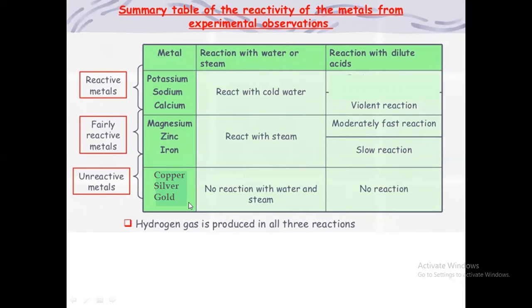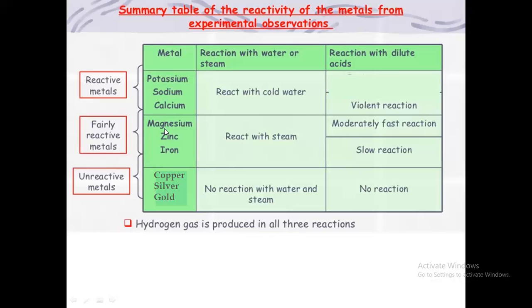But copper, silver and gold show no reaction with water and steam, and no reaction with dilute acids. Clear? So according to their reactivity, the most reactive metals are placed at the top. Then fairly reactive metals are placed.